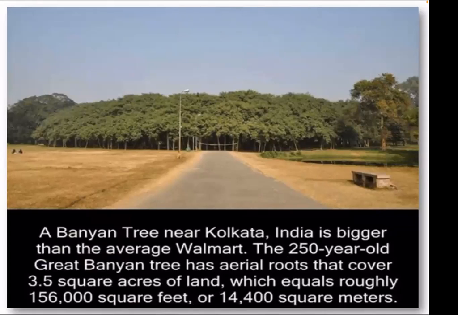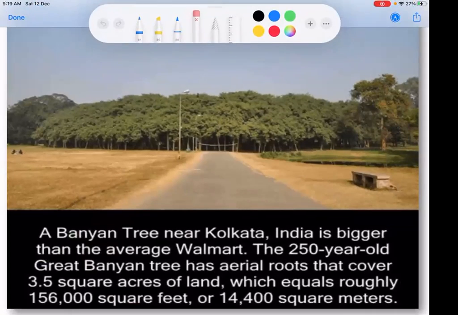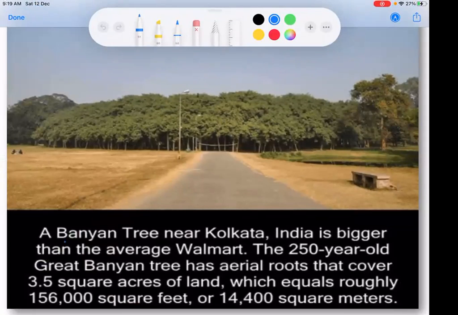Right? It is very historical with reference to Indian history and Indian botanical history specifically. This banyan tree in Kolkata is bigger than an average Walmart, that is the mall, the store. 250 years is the age of this plant, right?